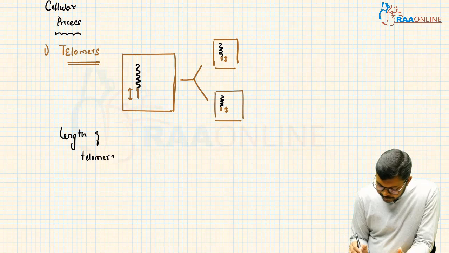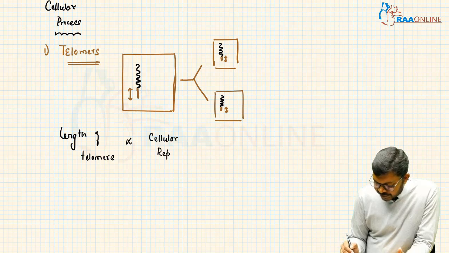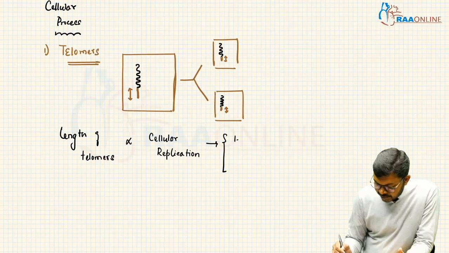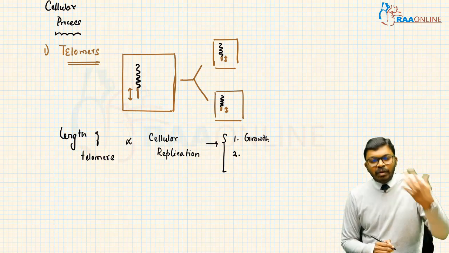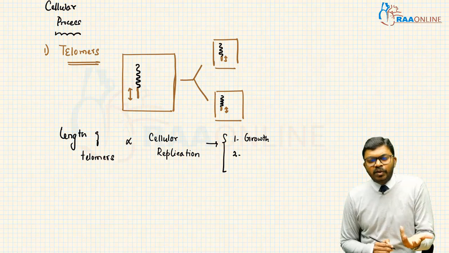Length of telomeres is directly related to cellular replication or cell division. People, please remember, cellular replication or cell division is essential for growth. Number one, if an organ has to grow or if a muscle has to grow, the cells have to multiply. That is absolutely needed.